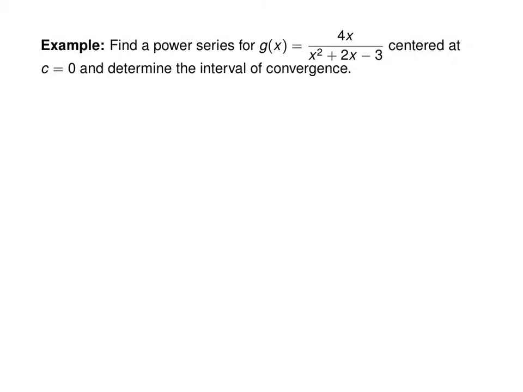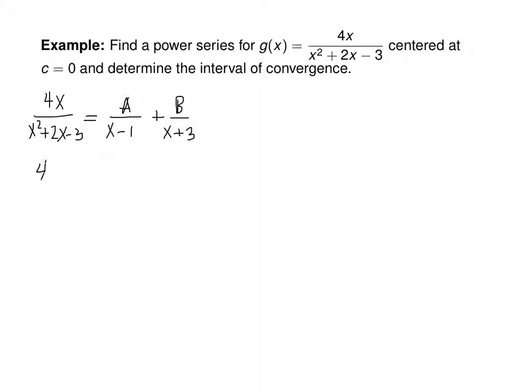Find a power series for this function g of x centered at c equals 0. So because we don't have a linear factor in the bottom, my idea is that we could try partial fractions. So 4x over x squared plus 2x minus 3 would be a over x minus 1 plus b over x plus 3.